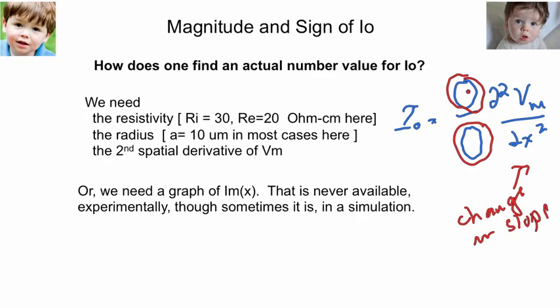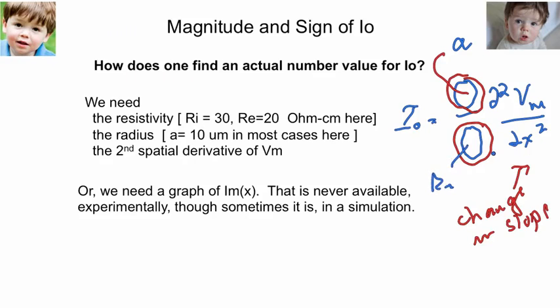But I believe that up here in the top, there is a term that involves the radius A. And I believe that down in the bottom, there's a term that involves the quantity Ri.